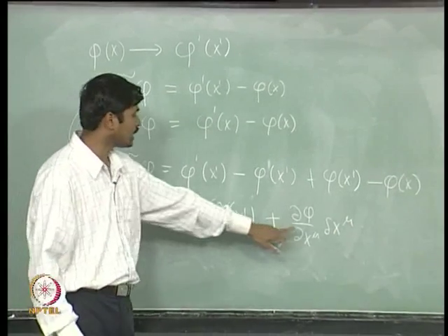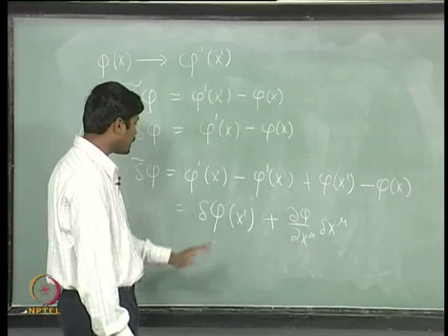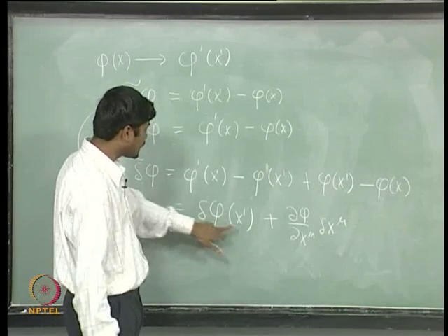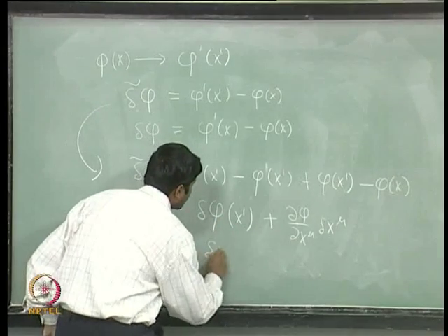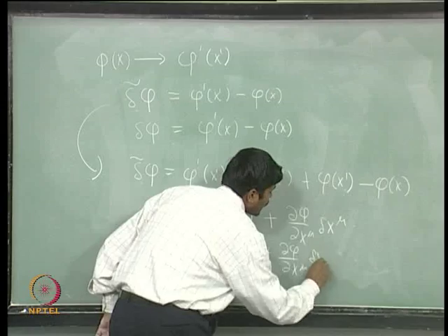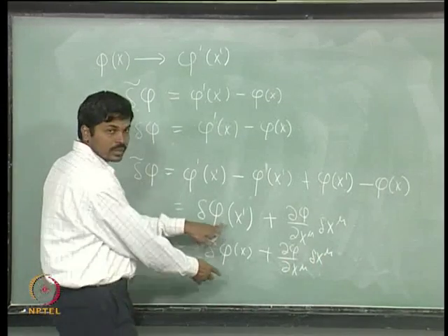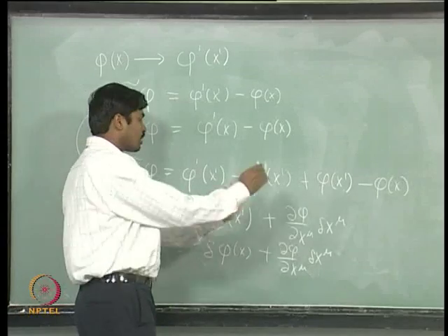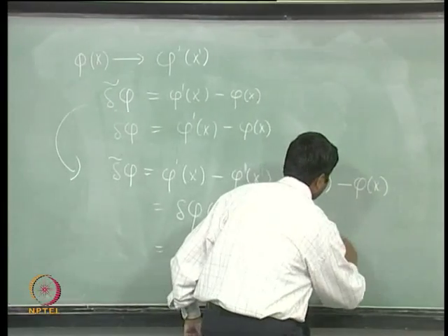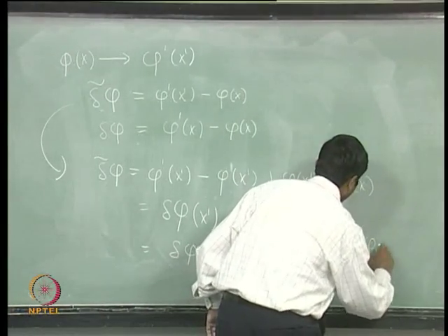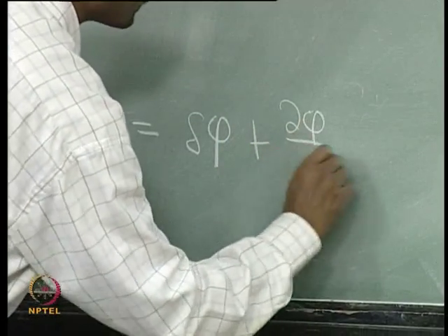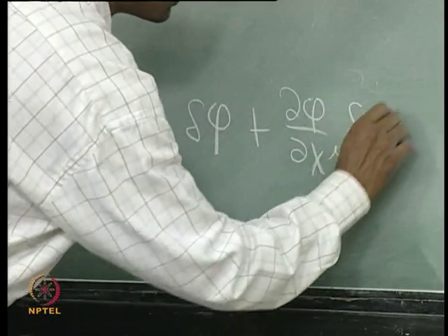So, delta tilde of phi is given by this, but if I keep the transformation to first order in variations, then I can rewrite this as delta phi of x plus del phi over del x mu delta x mu, because these two terms will differ by second order quantities. So, what I get here is delta tilde phi is equal to delta phi plus del phi over del x mu delta x mu.